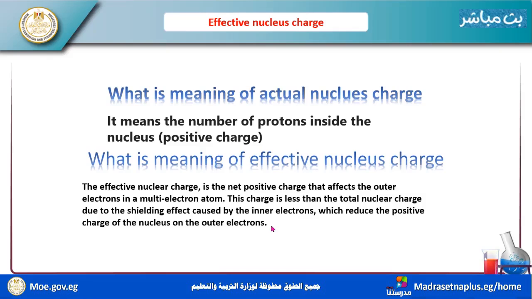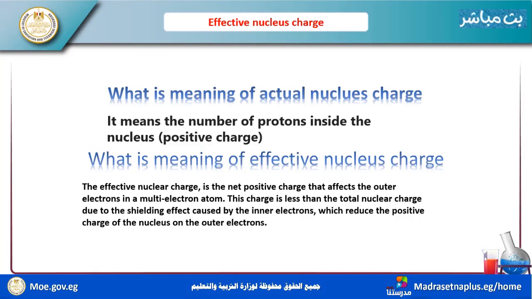So we can know the factors that affect the effective nuclear charge. Number one, the number of protons inside the nucleus. Number two, the number of principal levels around the nucleus, and the number of electrons inside these principal levels. By increasing the levels, the effective nuclear charge decreases. By increasing the number of protons inside the nucleus, the effective nuclear charge increases.